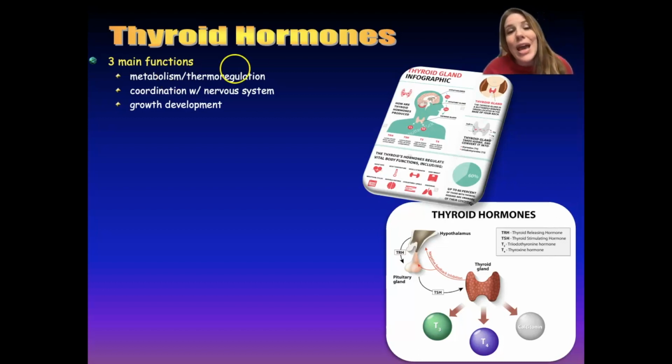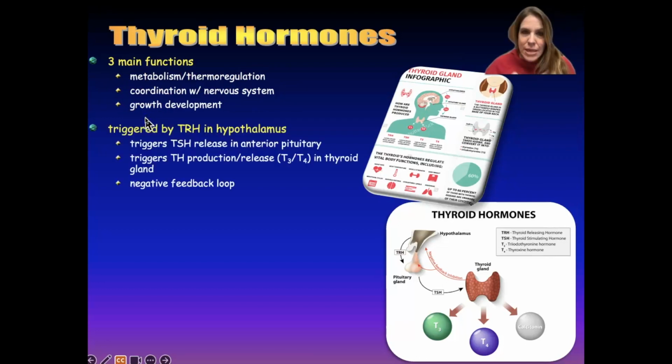And included in that, these thyroid hormones are going to help regulate the temperature of your body, thermoregulation. That's really a byproduct of the fact that they're involved with metabolism, because heat is given off by a lot of these reactions that are part of our metabolism. Also, thyroid hormone plays a role in coordinating the endocrine system with the nervous system and with growth and development.